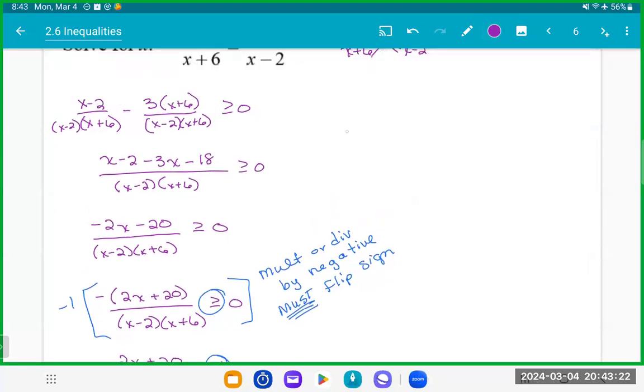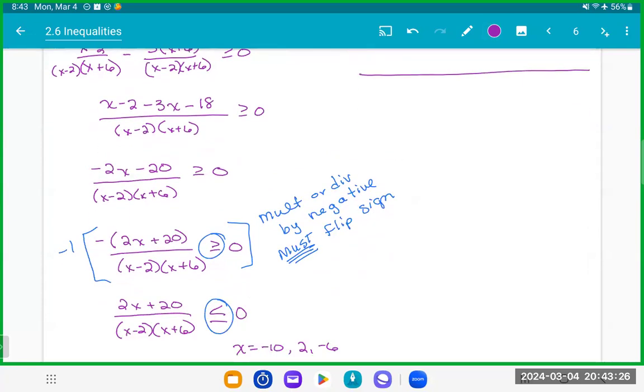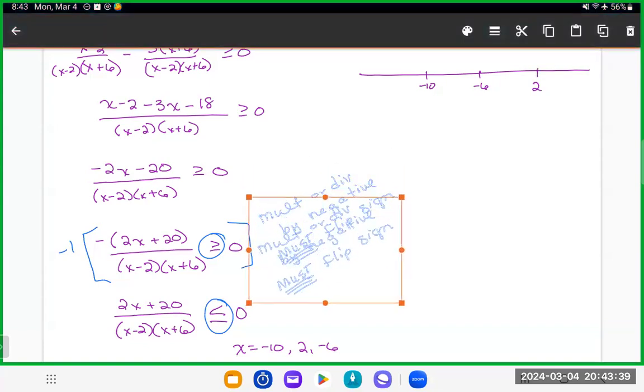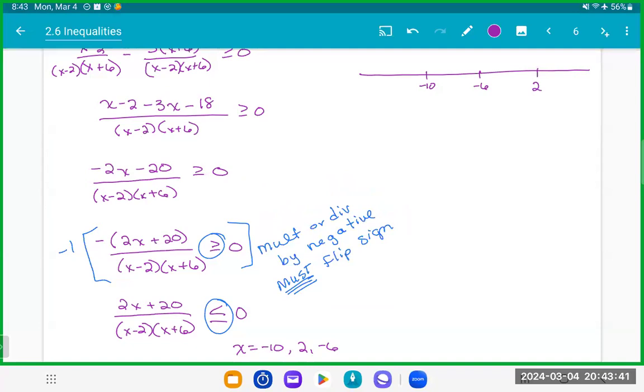So let's build. We have -10, -6, and 2. Okay, I'm going to move this down just a little bit. Okay, so our things are, we have 2x plus 20, we have x minus 2, and x plus 6.